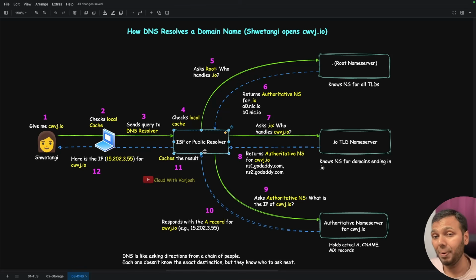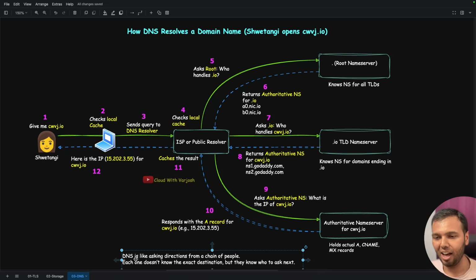It must supply Shwetangi with the IP address of cloudwithvarjosh.io. This step number 11 caches the results. In step number 12, here is the IP address for cloudwithvarjosh, and Shwetangi can start her preparation for the CKA exam. That is how everything is connected.